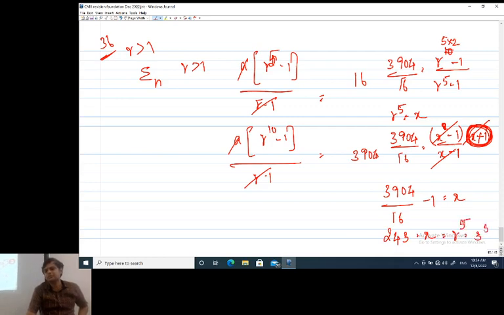That is nothing but 3 power 5. So r will be 3. Clear?